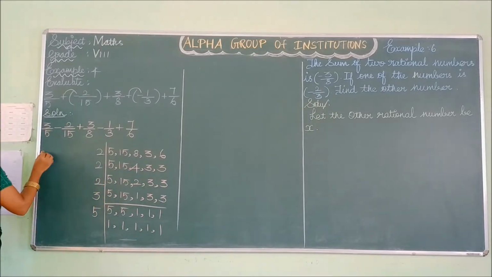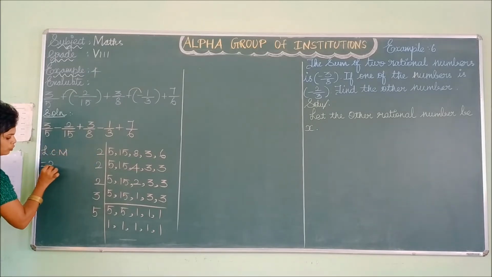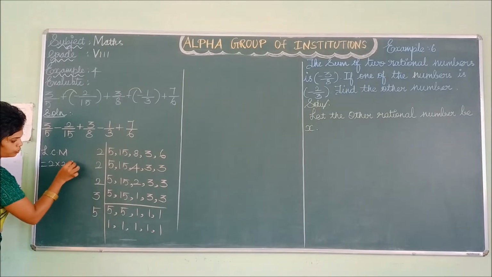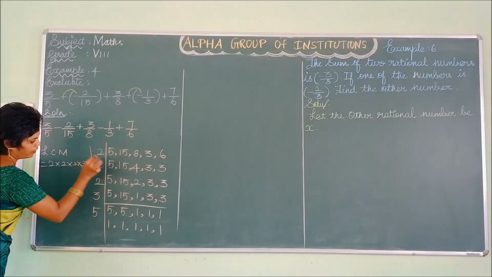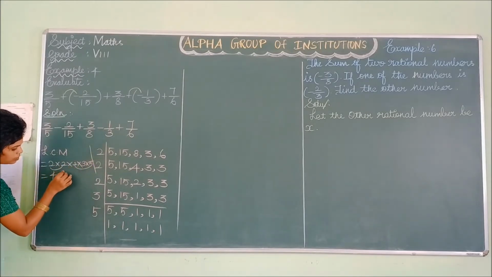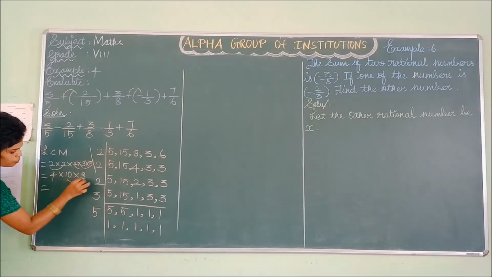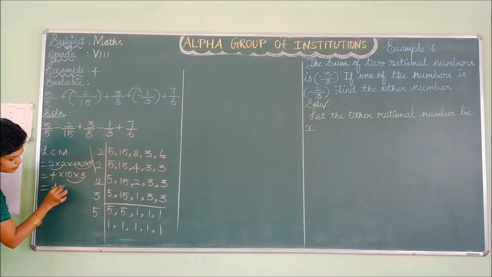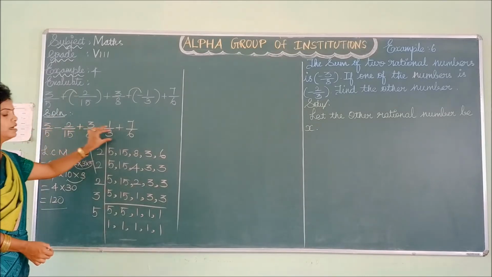So multiply these values: LCM is 2 into 2 into 2 into 3 into 5. 2 into 2 is 4, 4 into 2 is 8, 8 into 3 is 24, 24 into 5 is 120. Right? LCM is 120. Here we can change all the denominators to 120.